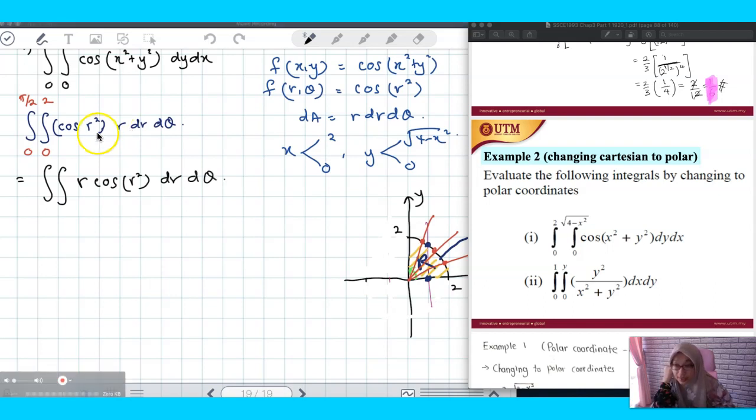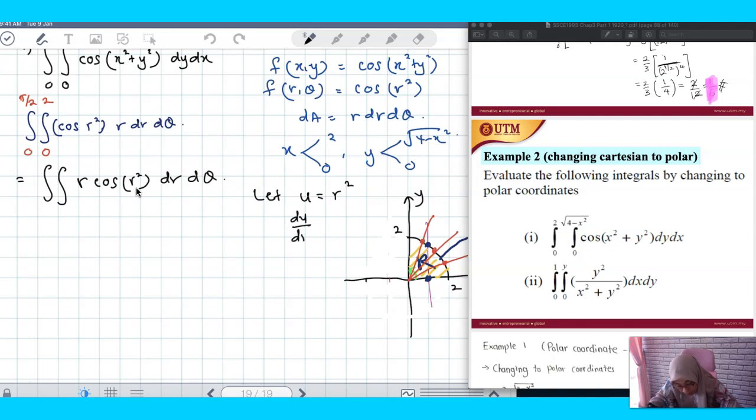You can see the single r outside cos, and there is r squared inside, meaning that we can use a direct substitution where we let u equal to r squared. So du over dr is 2r, and then dr will give you du over 2r. So your r here can be cancelled out, then your expression becomes simpler.